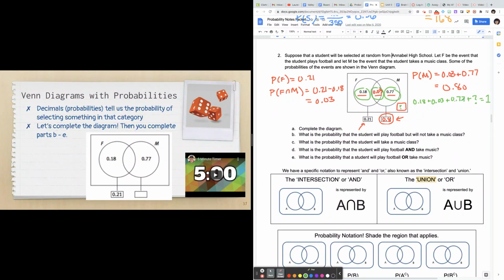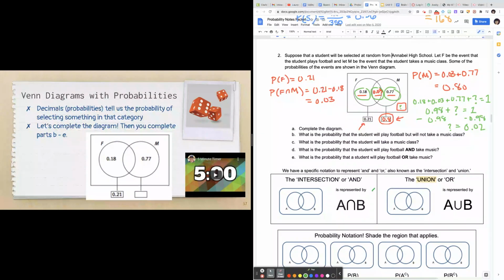So I'm going to add all of these up: 0.18 plus 0.03 plus 0.77 gives me 0.98, plus my value that I don't know has to equal 1, and then I'm just going to subtract 0.98, and I get that value is 0.02, so that's what goes in my neither category there.